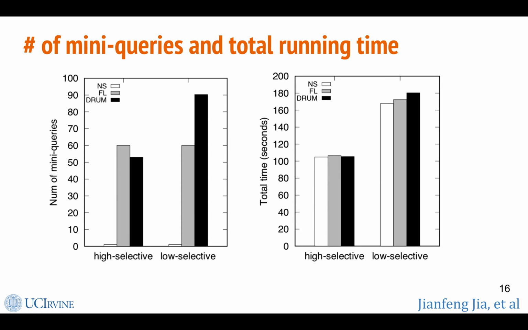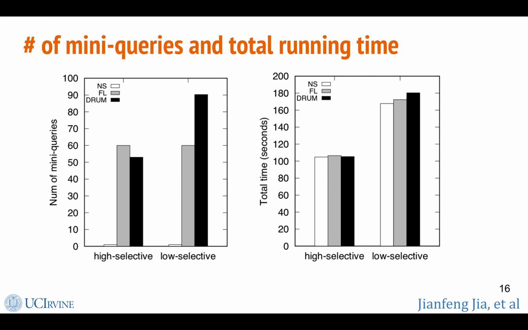Then we compare three different schedules. NS is the non-slicing schedule, which doesn't do slicing at all, and FL is a fixed length schedule that always splits the query into 60 mini queries. Drum is the adaptive slicing method we proposed earlier.